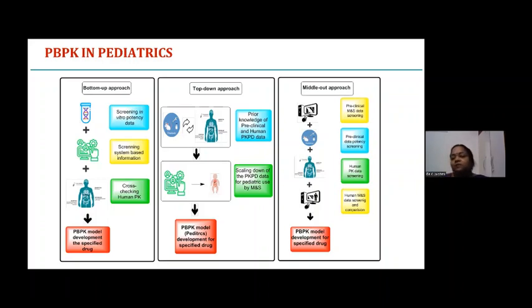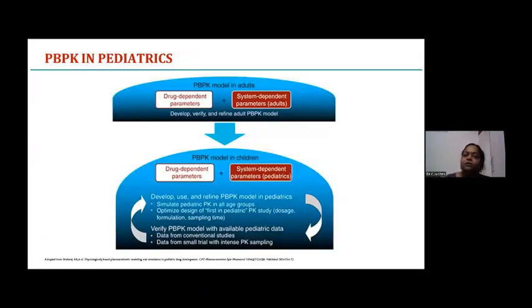So sometimes these two can be combined. That is said to be the middle-out approach, where top-down and bottom-up information, both preclinical information as well as the adult PK data, are combined, and then they are developed into a model which can give results for a specific drug. So here drug dependent parameters are required as well as system dependent parameters. Both are required to develop a PBPK model.